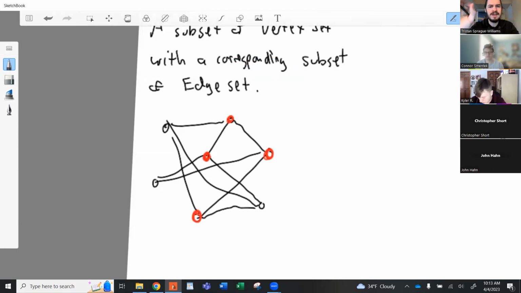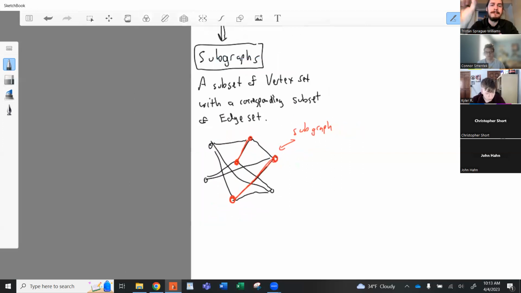Then I select a subset of the edges that are connecting those vertices. Suppose I select this edge and this edge. That, for example, is a subgraph. So you have the whole graph, and then you have a subgraph, just a subset of that graph, basically.